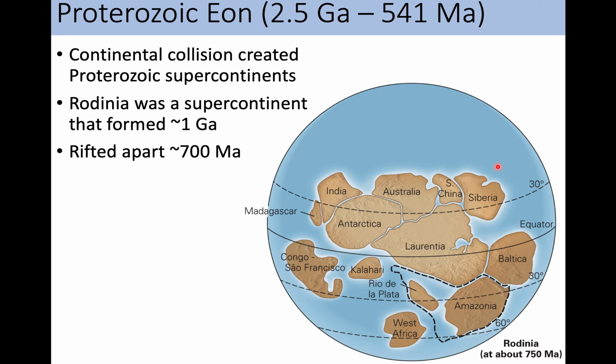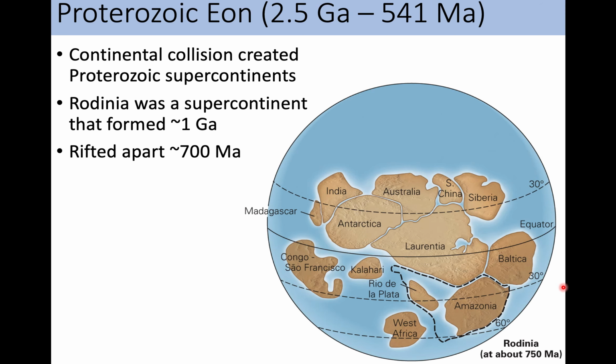They have all combined into these larger continents. Rodinia looked something like this, and it rifted apart about 700 million years ago. So it formed into a large supercontinent and then drifted apart again. Plate tectonics brought everything together and then pushed everything apart, just like it's doing now.